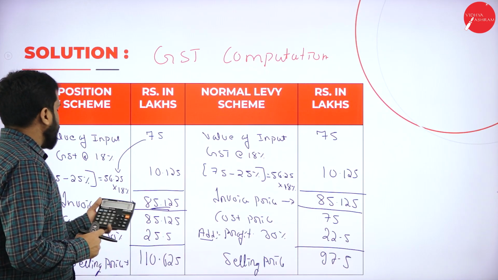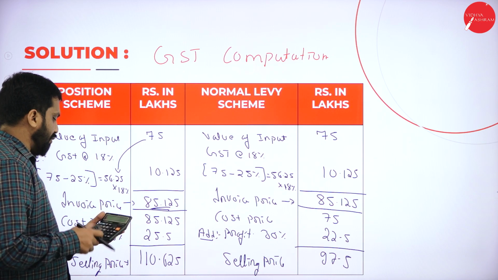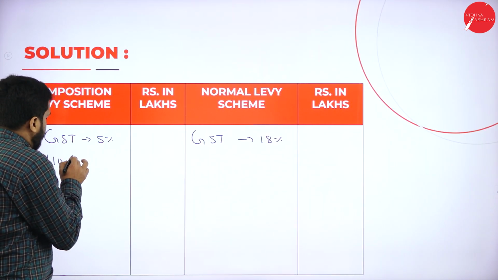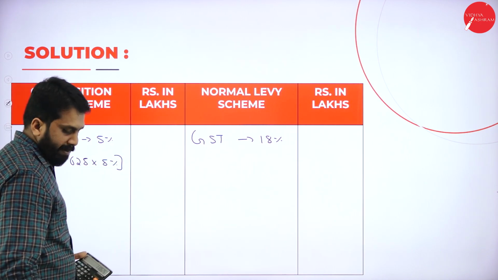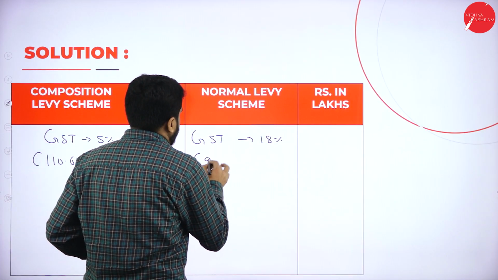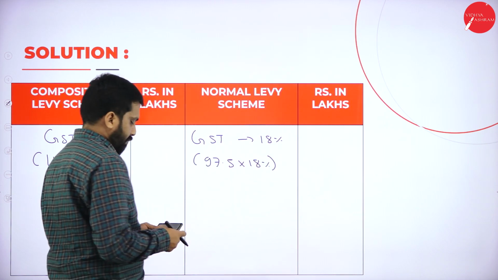I got 110.625 into 5%, and 97.5 into 18%.